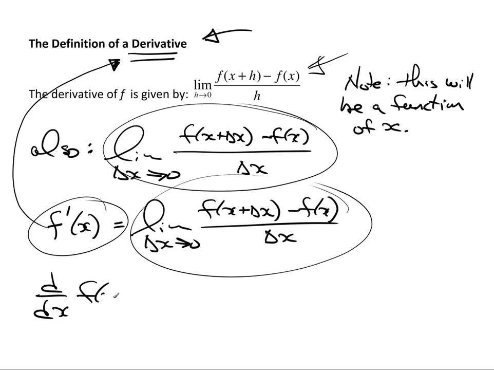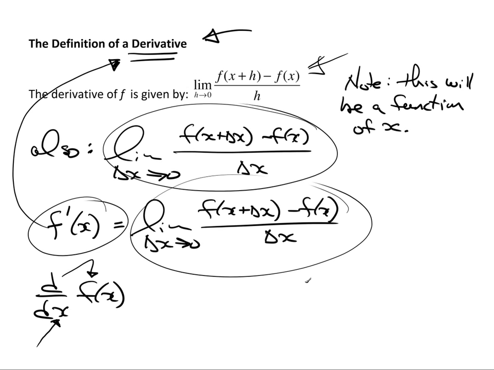There are also other notations. d dx of f of x. This is saying I'm taking the derivative of f, and this dx in the bottom is saying I'm taking it with respect to x. So x is my variable. Now, that may seem kind of obvious because all of our functions are functions of x. Well, not really.